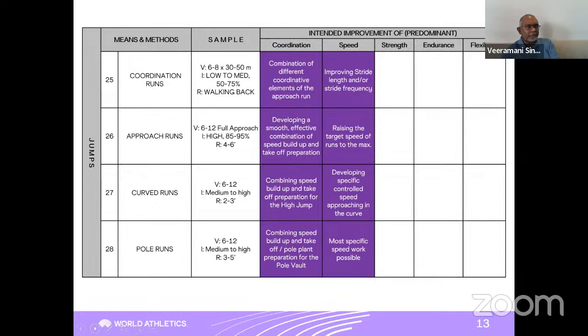Pole runs, the using of pole, again, it is event-specific preparation, again, to manage the pole with appropriate speed to ensure that the speed of takeoff is managed. So all except for the approach, which is high, I mean, we're almost talking about 80 to 95%. Curve runs and pole runs, usually you do it from medium to high intensity.